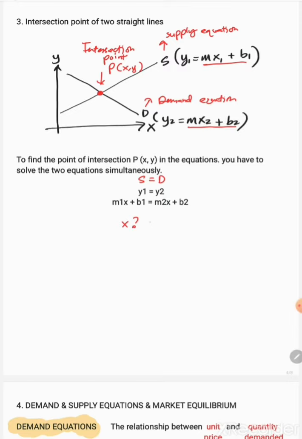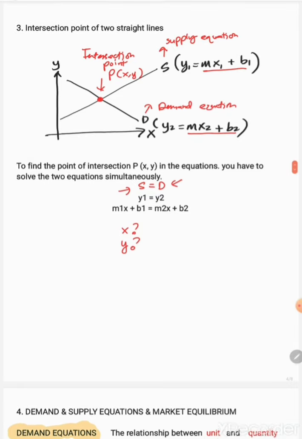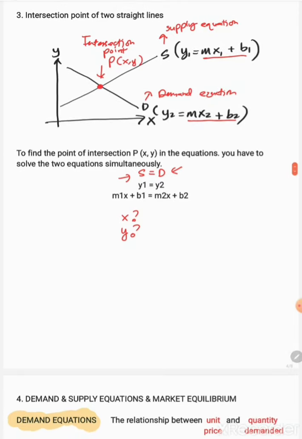Second, substitute the x value into either the supply or demand equation, and when you solve it, you get the value of y. This is how we find the intersection point.